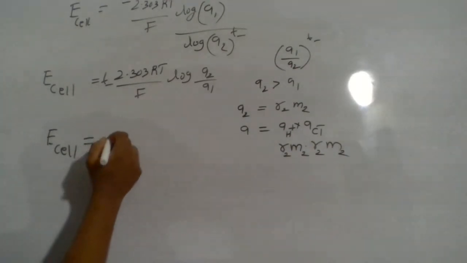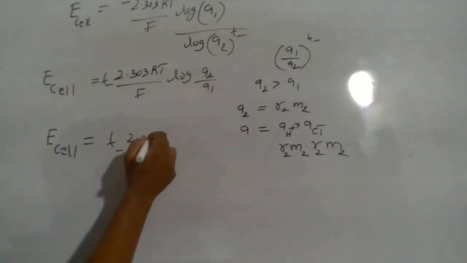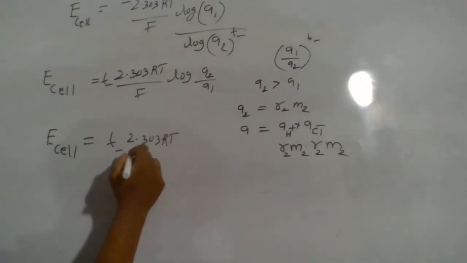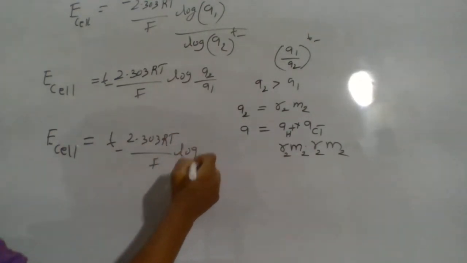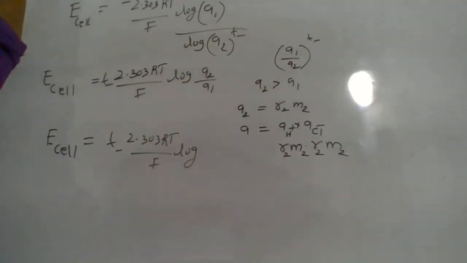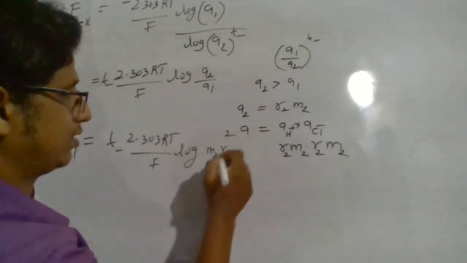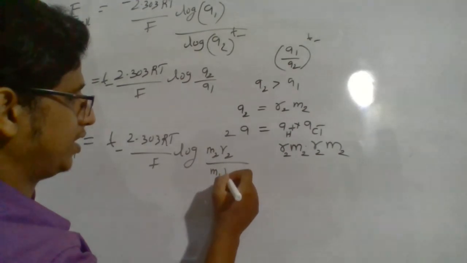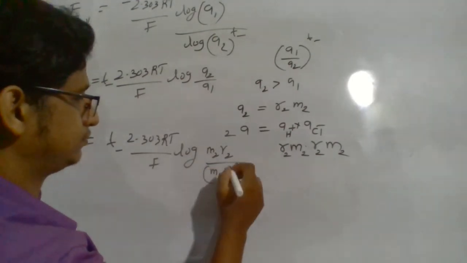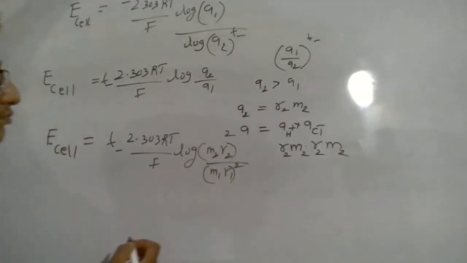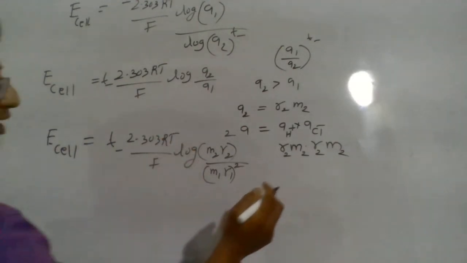So you can represent it as t minus 2.303 RT by F log. Instead of A2 you can write M2 gamma 2 squared divided by M1 gamma 1 squared.